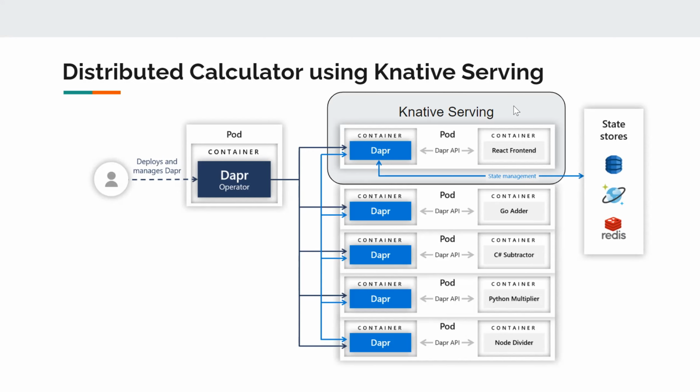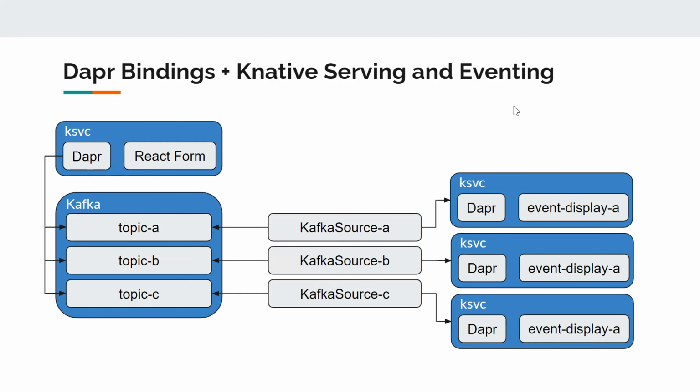And the second one is Dapr bindings plus Knative serving and eventing. It's a bit more complex and advanced. I've used the React form from the Dapr quick start of PubSub.